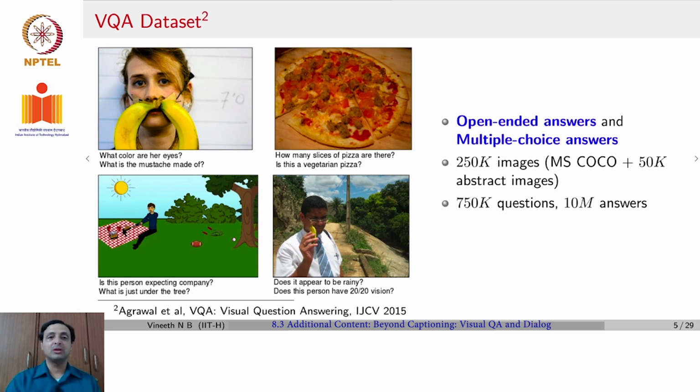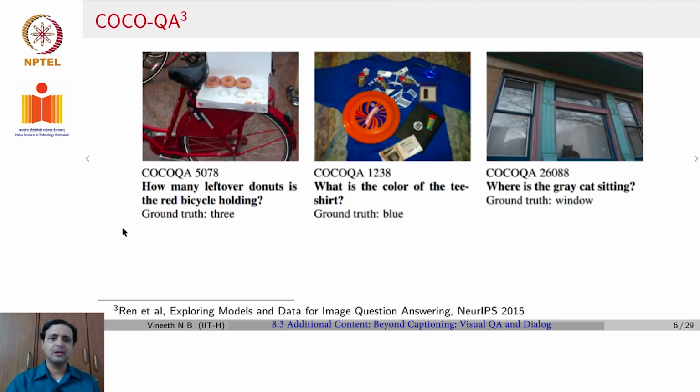There are a total of about 750,000 questions across these images. As you can see, given a single image, you can have multiple questions, and there are a total of about 10 million answers, because for each question you need multiple answers to choose from. And each question is answered by 10 human annotators. This is the VQA dataset.